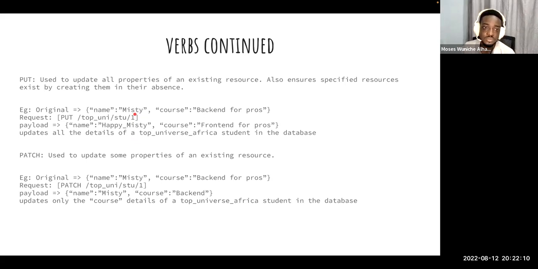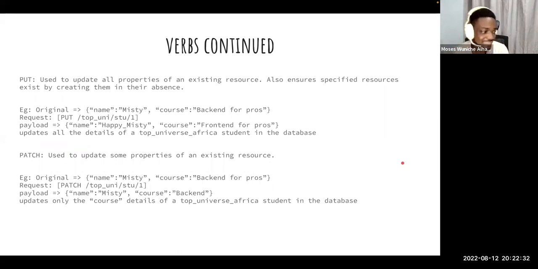So when I run this, it's going to go through the students with this ID, and you'll see that in the demo we'll be having shortly. It's going to run through the student with just this ID and run that operation, the verb on it, the put or the patch, or the get if we are getting a specific record.